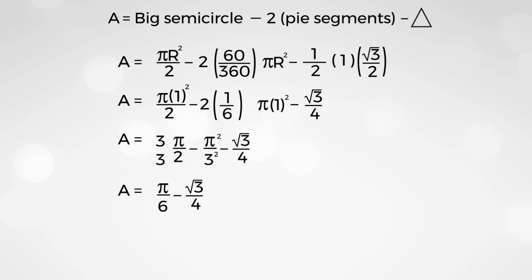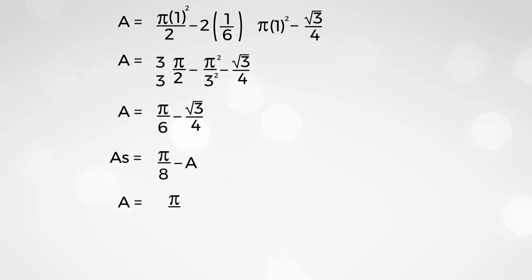And that's it. We've got region A, and now we can finally figure out the region that we are most interested in, which is the area of the shaded region right there. The area of the shaded region is pi/8 minus A. So pi/8 minus pi/6 plus √3/4.